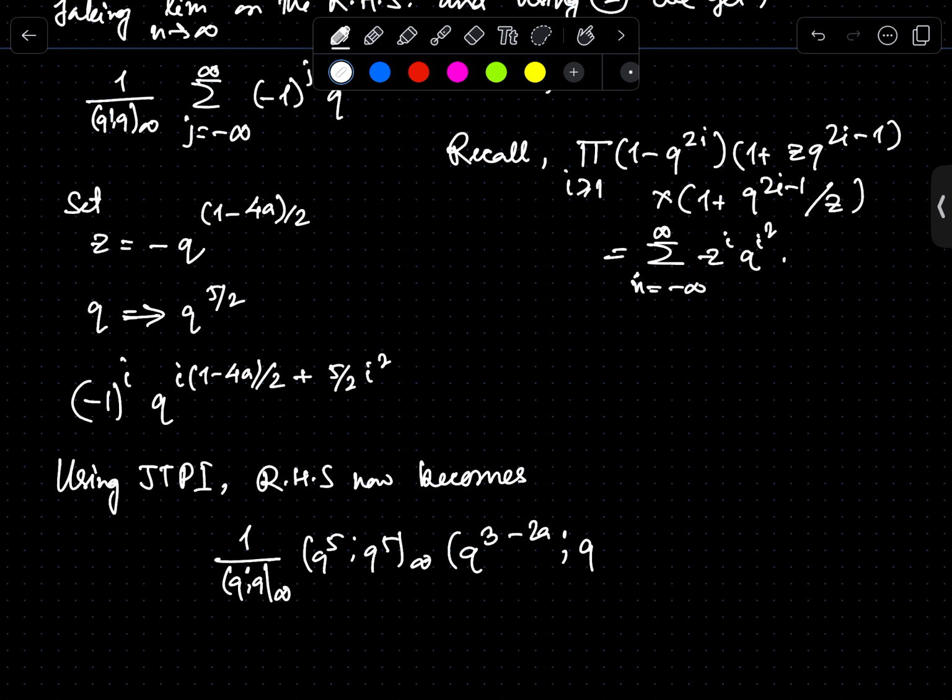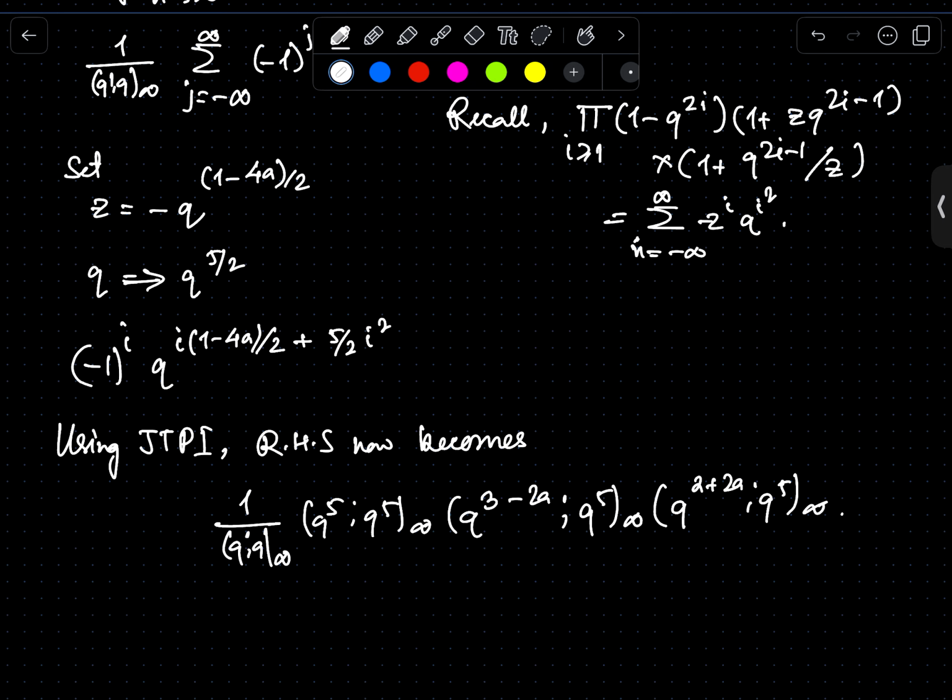Together we can write it as (q^(2+2a);q^5) infinity. These are the Rogers-Ramanujan identities, because this (q;q) infinity you can write as (q;q^5) infinity (q^2;q^5) infinity and so on. Many things will cancel out, so you will just have two factors in the bottom. For a equal to 0, you get the right-hand side of the first Rogers-Ramanujan identity, and for a equal to 1, you get the right-hand side of the second Rogers-Ramanujan identity.